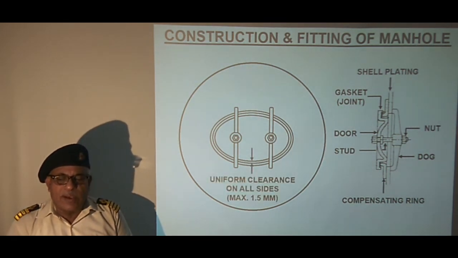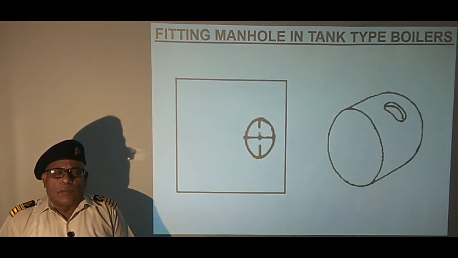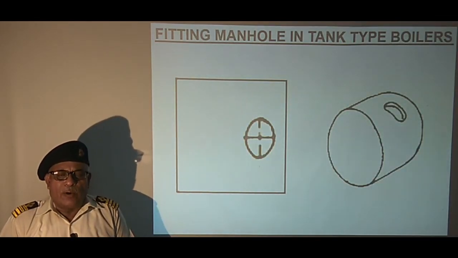Uniform gaps should be provided on all sides to provide expansion and contraction allowance between the manhole cover and the compensating rings. The sketch shows position of manhole in tank type boiler.